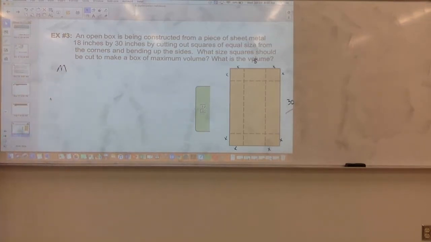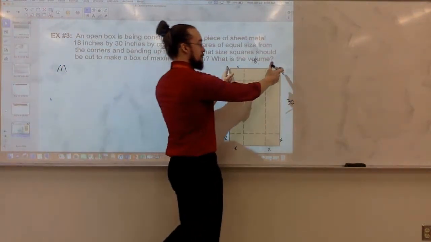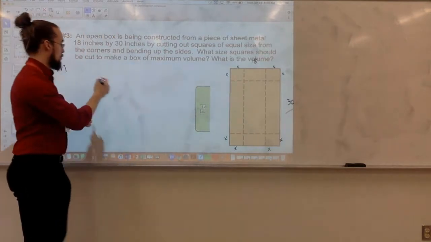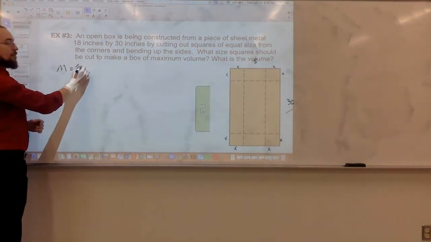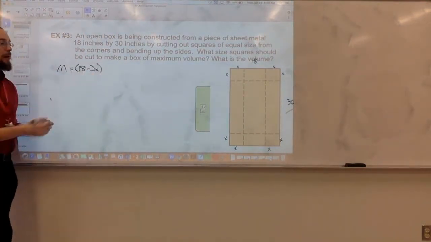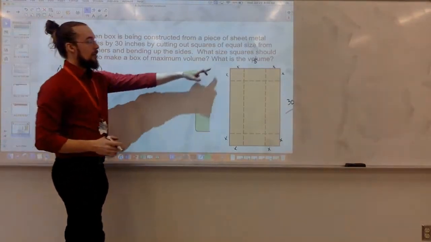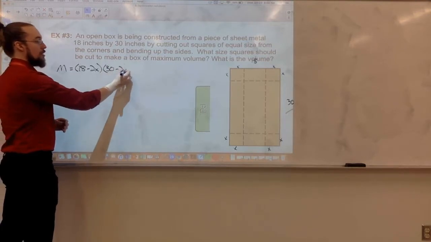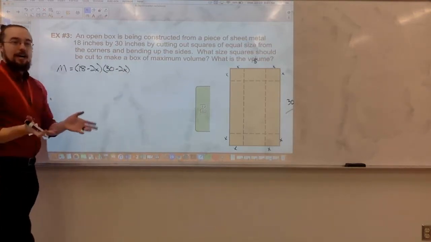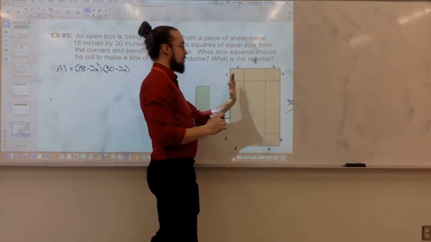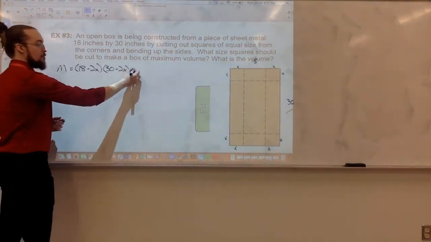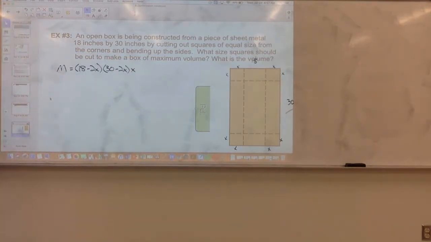The volume of a rectangular prism is length times width times height. So we said that when I cut these squares out, this side of the box will have a length of 18 minus 2x. Right? This side then would have a length of 30 minus 2x. And the height of the box, once I fold these sides up, will be x. So this was my equation.